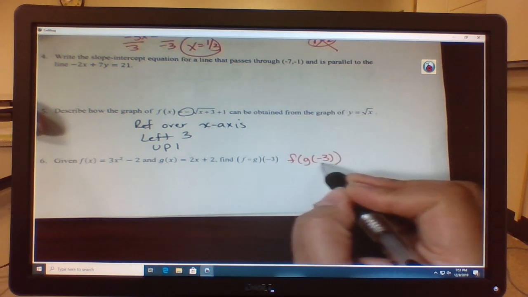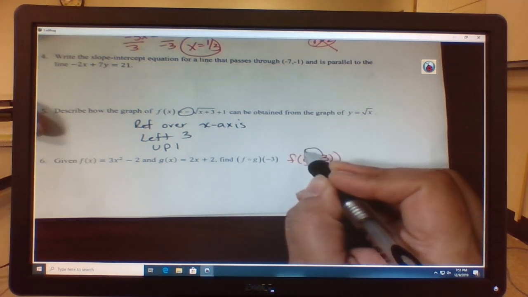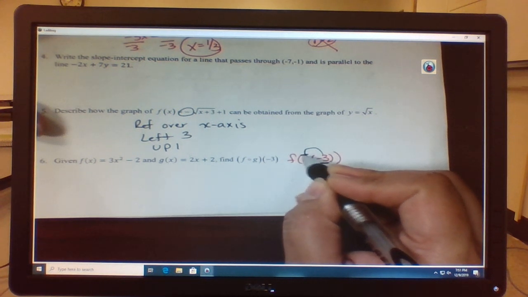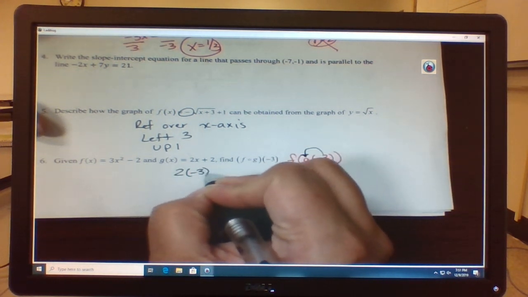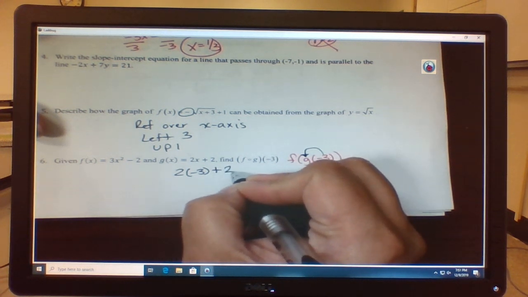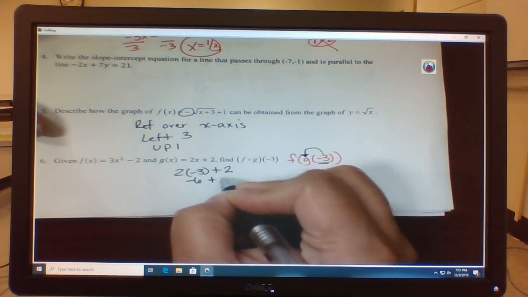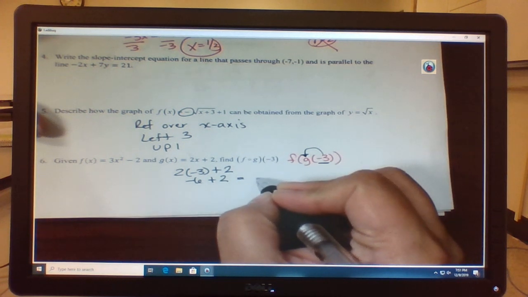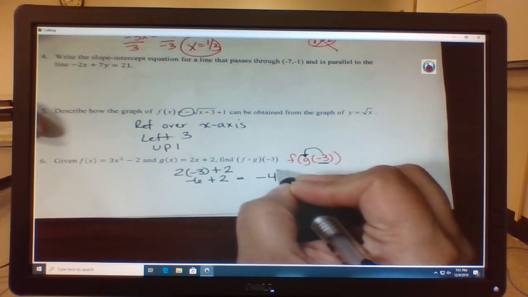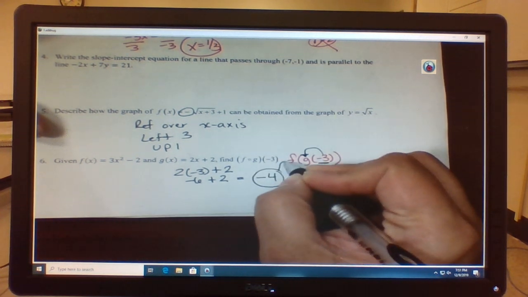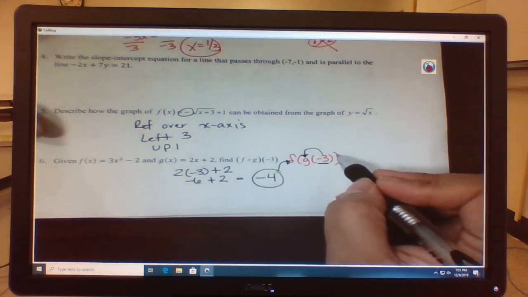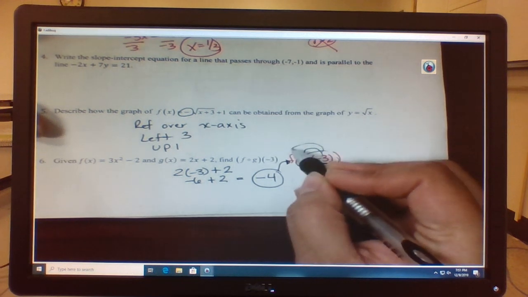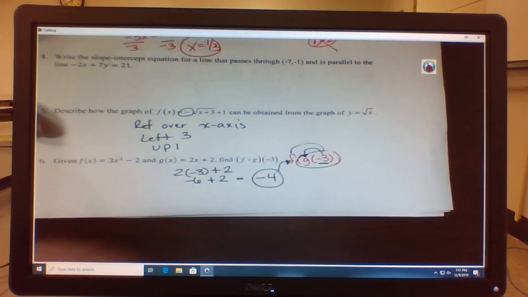So the -3, you plug it into every x only in G. So 2 times -3 plus 2. -6 plus 2 equals -4. Now this -4 I plug into F. So whatever you get as an answer here, you plug into that one, which the answer was -4.